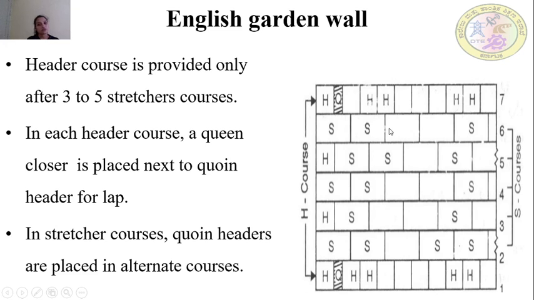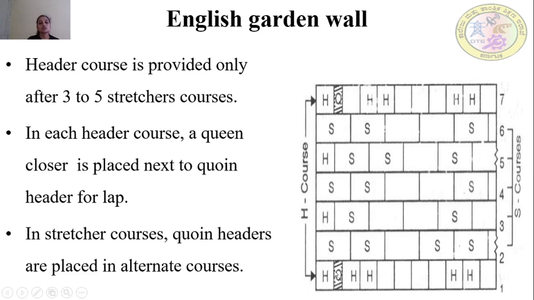After 5 stretcher courses, 1 more header course is laid. So English garden wall bond means header courses will be laid only after 3 to 5 stretcher courses.